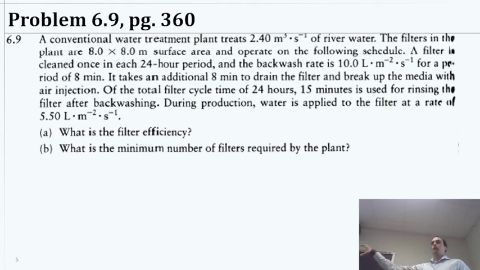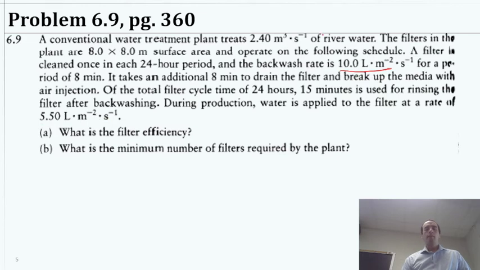So applied to the filter, that's setting us up to, like, that's our loading rate, at a rate of 5.5 liters per square meter per second. Okay, so it gave us a backwashing loading rate. It gave us a loading rate and a whole bunch of other information.